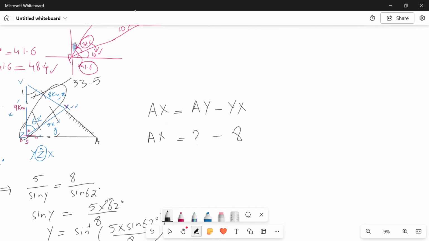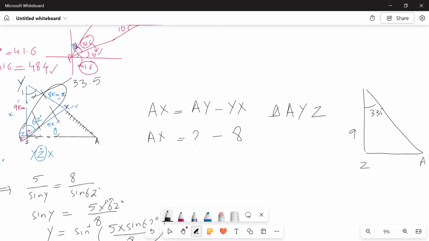This is the complete bigger triangle, triangle A, Y, and Z. Look here, I'm making this triangle here. This one is Z, this one is A, this one is 9 kilometers.